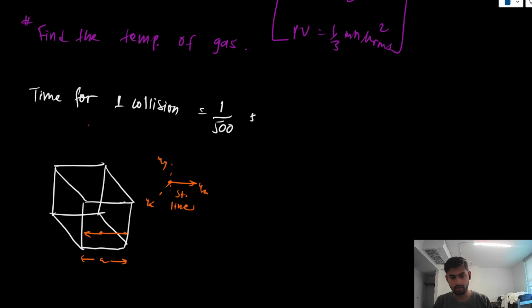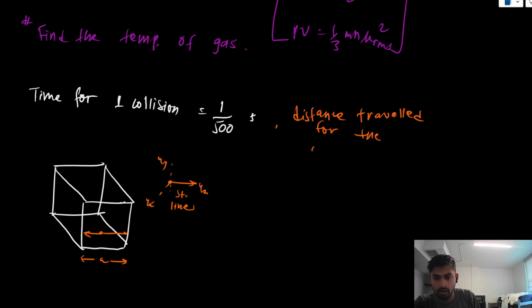So if it travels in both directions, then the total distance to make one collision would be to hit here and again back there and then come back to this point, so the distance traveled for the collision is 2a. I hope you got it, because this is an important aspect.